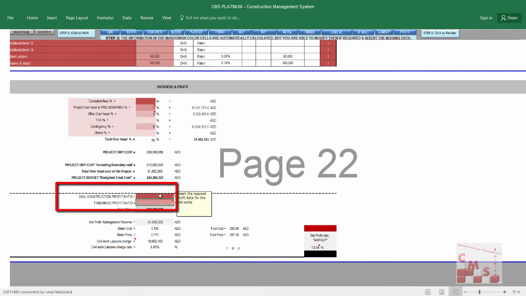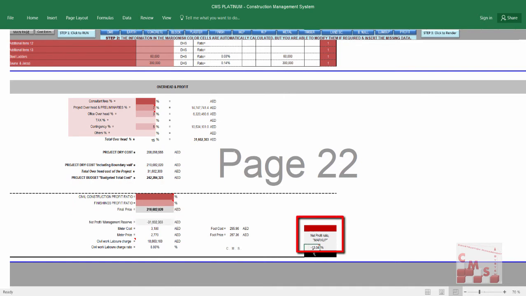So we need to add numbers here to reach a reasonable and accepted management reserve and accepted net profit ratio. If your company policy is to have a net profit ratio around 10%, it means you have to put numbers here to allow 10% profit.